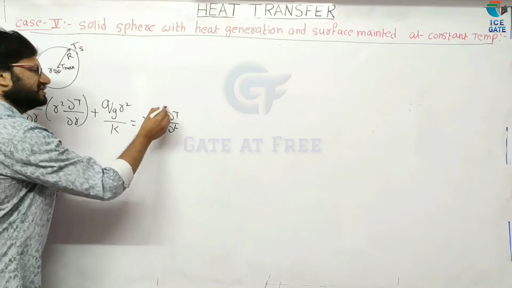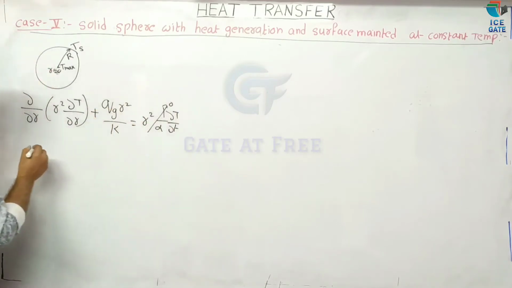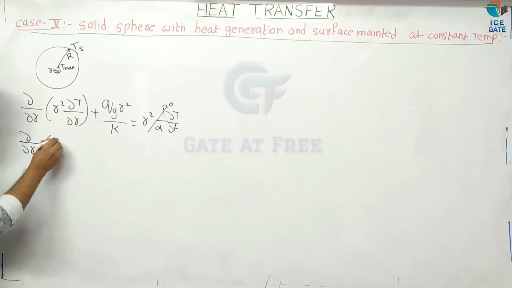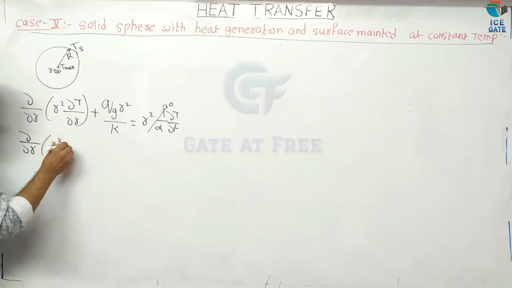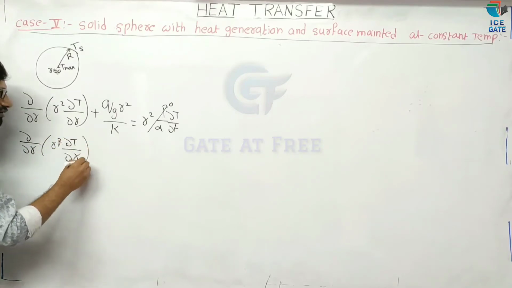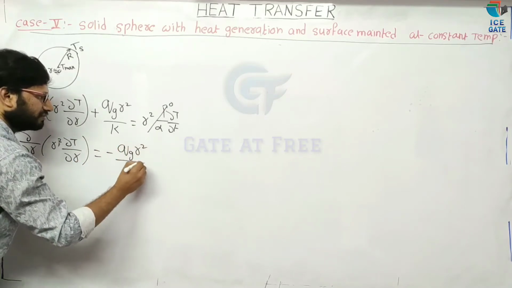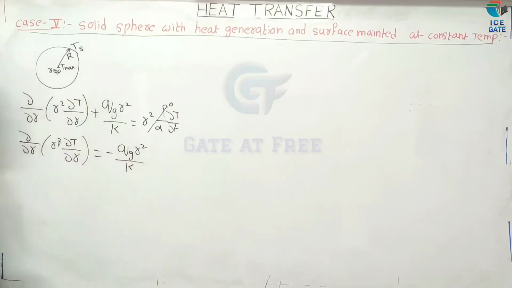Now the assumption is steady state. Therefore, the equation will be ∂/∂r of (r² ∂T/∂r) is equal to minus Qg r²/k.